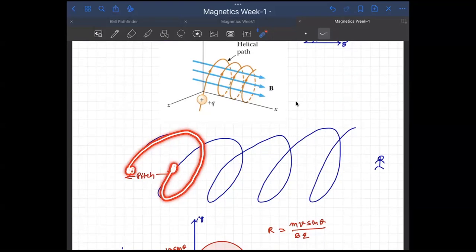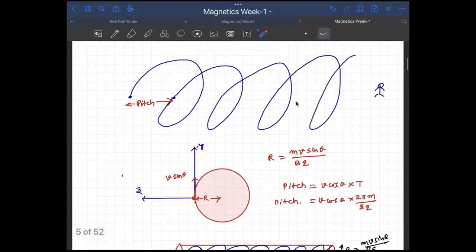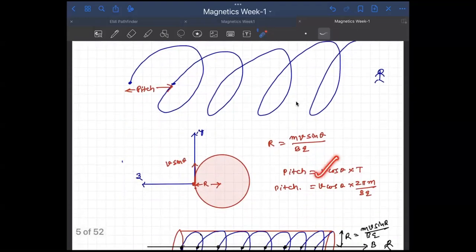But because of the component of velocity along the direction of magnetic field, these 2 points are separated. And this distance is called pitch. P-I-T-C-H, pitch. Who is responsible for pitch? V cos theta component is responsible for the pitch.